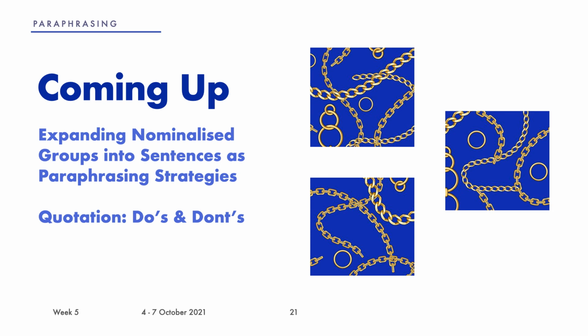So that's all from me. And in week 6, we'll talk about how we are going to reverse engineer some nominalization back into sentences. I am used to calling it unpacking.